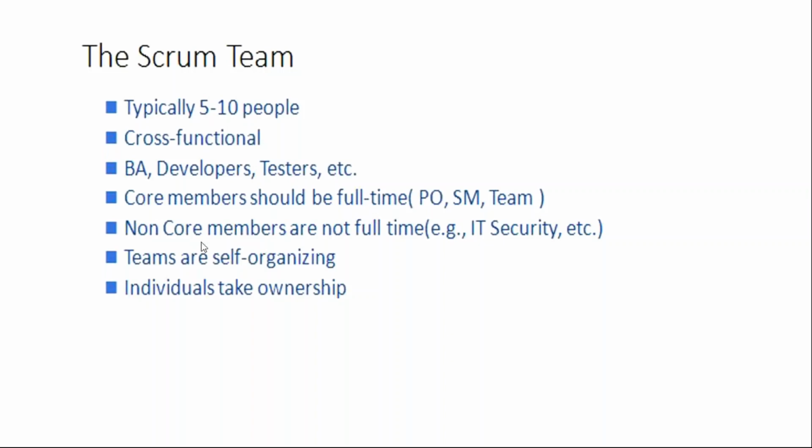That's the reason when the estimation happens in Agile, we also say to the tester, just tell us, in case you were the developer, how much effort is required. Same thing goes for the developer. The developer also says for the testing, I feel this many hours is going to be required. That's the reason we need cross-functional people, so that they can understand what the scope and the vision are.